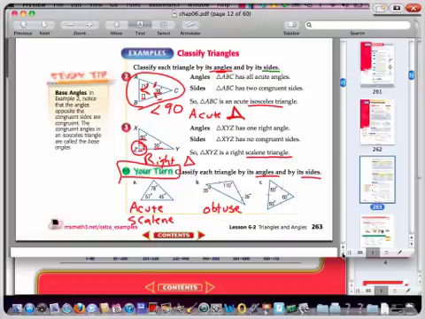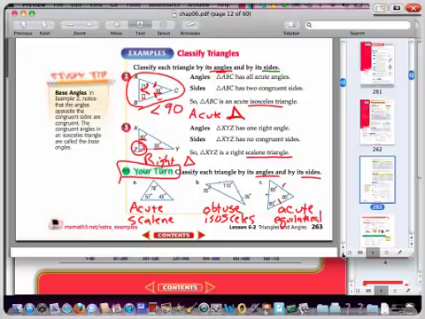And by sides, you would call that an isosceles triangle. Spelling on that one's interesting. Okay, and the third one, all of them are less than 90, so therefore it is an acute triangle also. And they are all the same, three tick marks, so we have an equilateral.